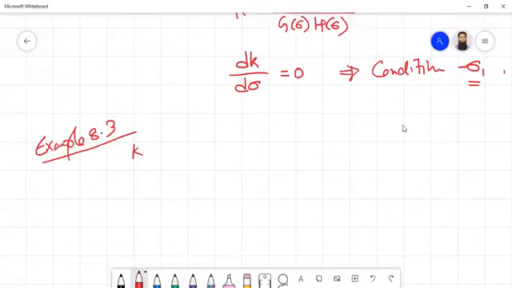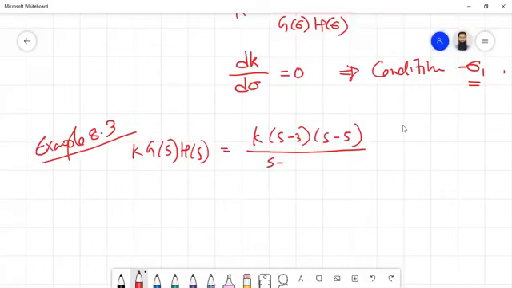So K G of S, H of S is, as we already said, K times S minus 3, S minus 5, over S plus 1, S plus 2.